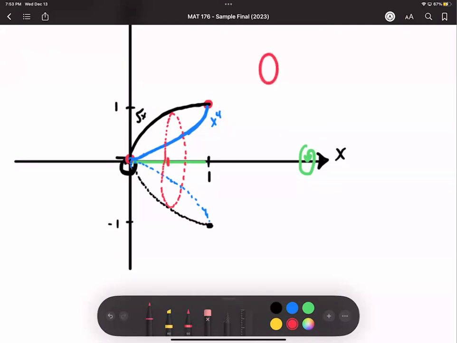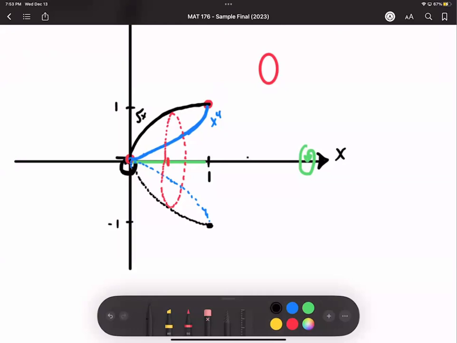Basically this shape here, we can have a radius. The radius is always going to be the distance between the x-axis and one of your curves. So notice that there are essentially two radii here. The outer radius is the distance from the x-axis all the way to your square root of x.